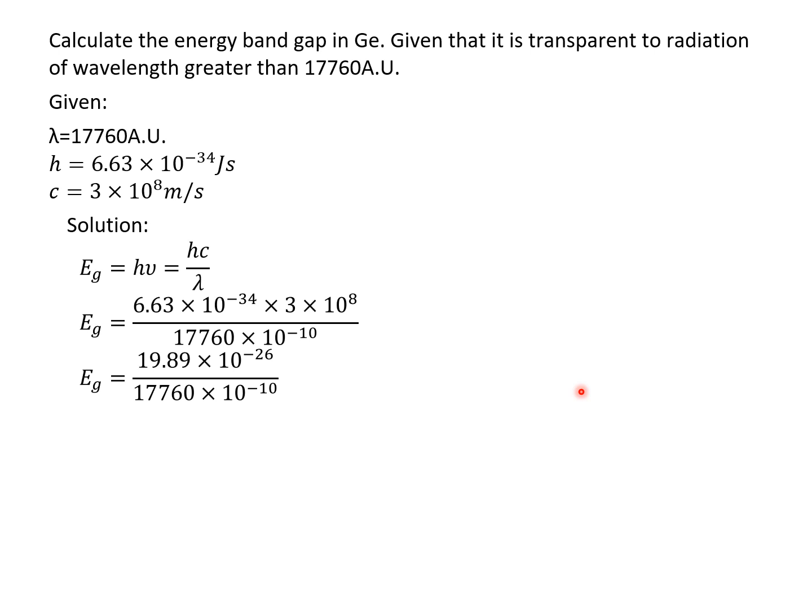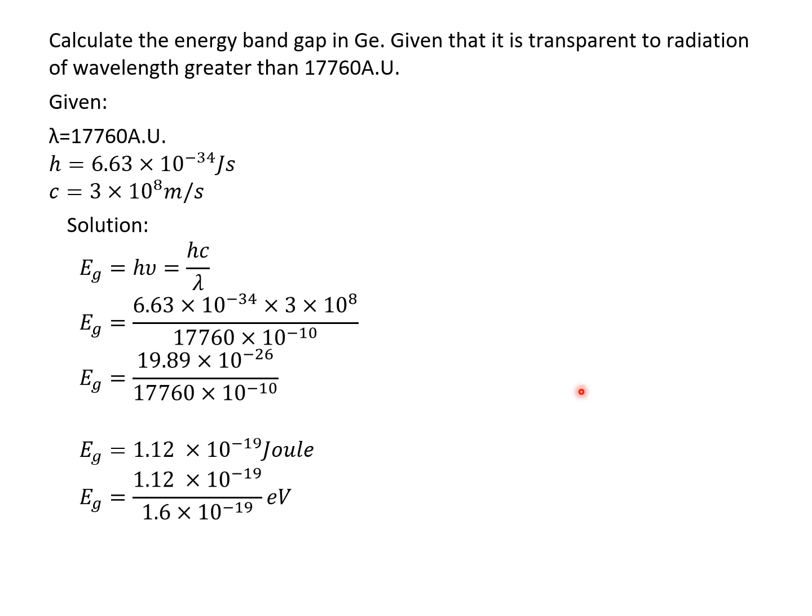So doing the calculations, we will arrive at energy gap equal to 1.12 into 10 raised to minus 19 joules. But if it is asked in electron volts, the conversion to electron volts is required. So this energy gap comes out to be equal to 0.7 electron volts.